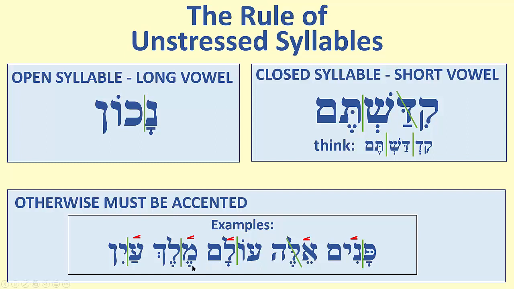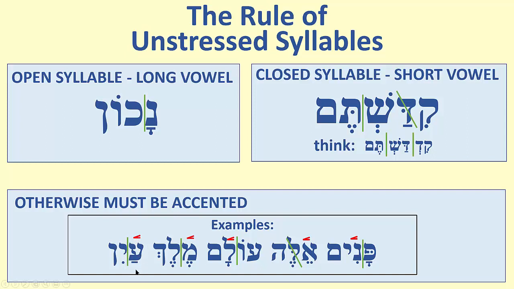The fourth example here is melech. We know this first syllable will get the accent, it will get the stress, because we have an open syllable with a short segol vowel. Same with this last word. We know that patach is short, and we know that chirik in a closed syllable is short, so both of these are short.